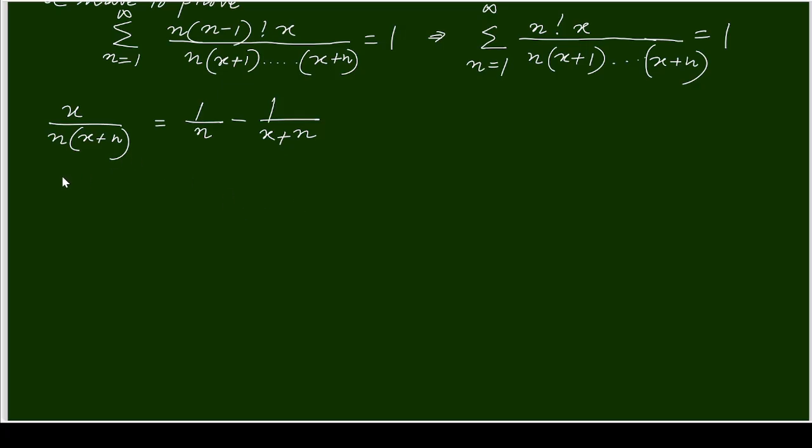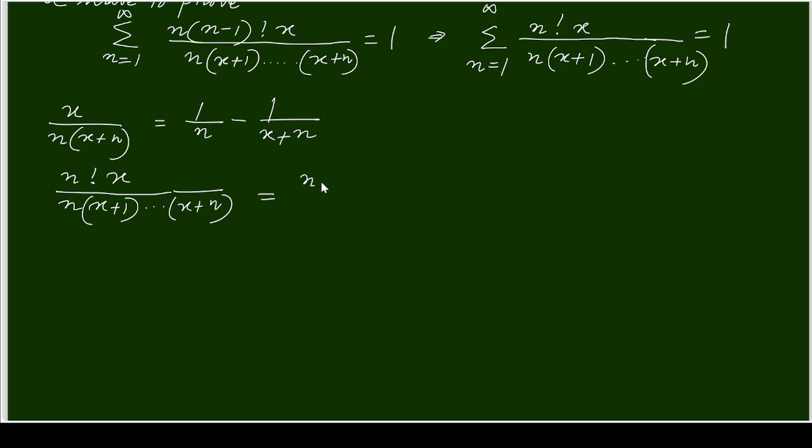So, applying some critical thinking, I can write n factorial into x over n into (x plus 1) up to (x plus n) as the difference of two series.